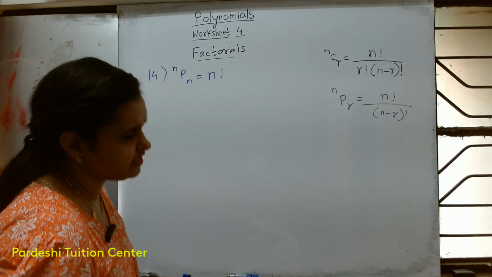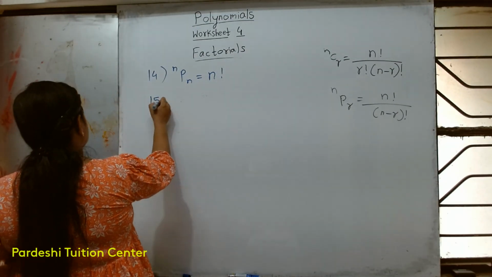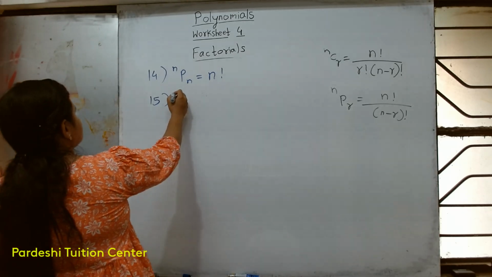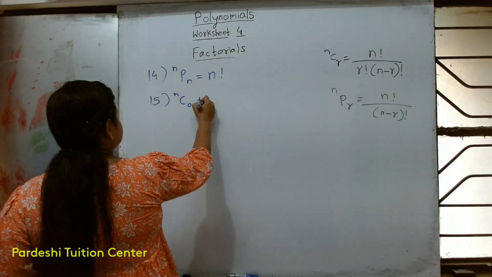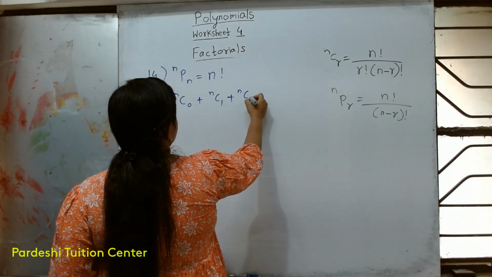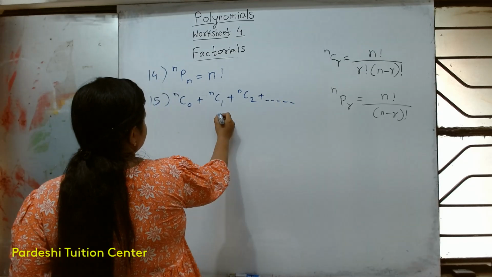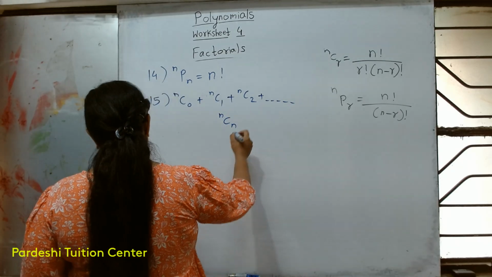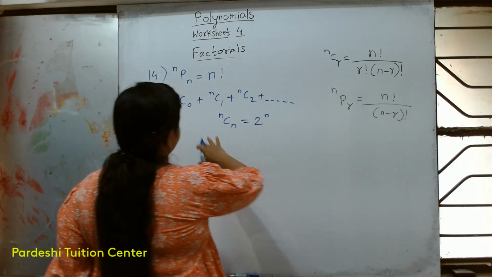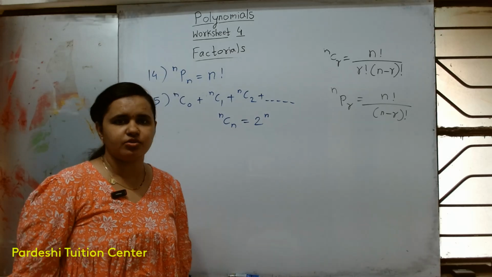Now again, the next formula for combination is nC0 plus nC1 plus nC2 plus up to nCn. It is always equal to 2 raised to n. We have to remember this formula, it will be used in solving problems in the worksheet.